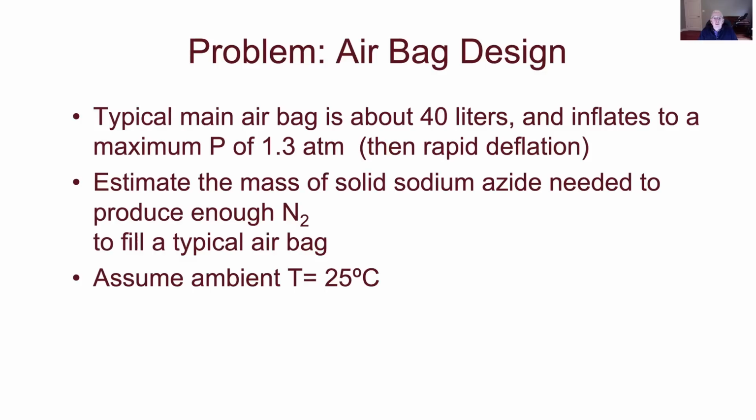I'm going to use some numbers that a long time ago I got from somebody who actually worked for a car company and had knowledge of this stuff. The main airbag, meaning the steering column airbag, typically inflates to a volume around 40 liters at its maximum inflation. It blows up to a pressure a bit above 1 atmosphere, around 1.25, 1.3 atmospheres. It also then deflates rapidly.